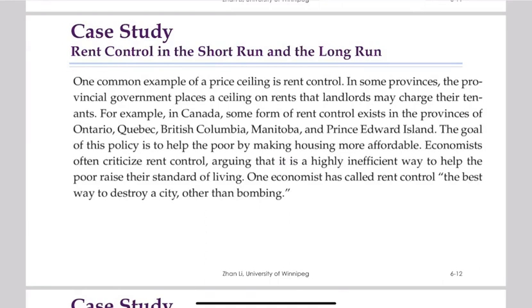In Ontario, Quebec, BC, Manitoba. So the goal of the policy is to help the poor by making housing more affordable. However, let's see what the result of this rent control policy is on housing price, rent units supplied and rent units demanded.